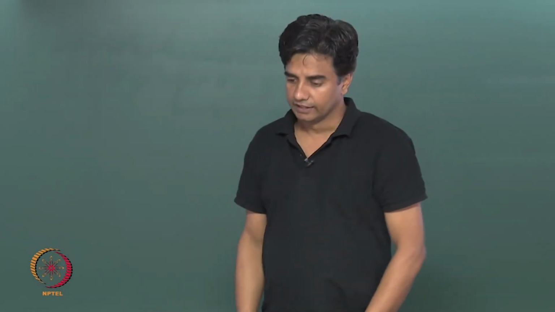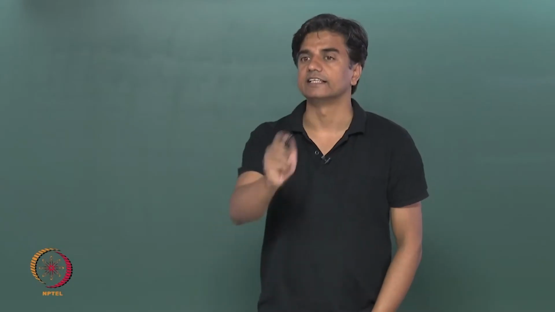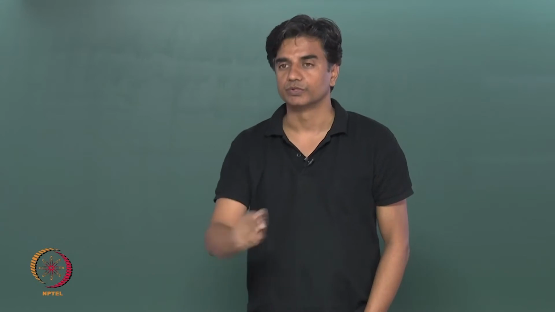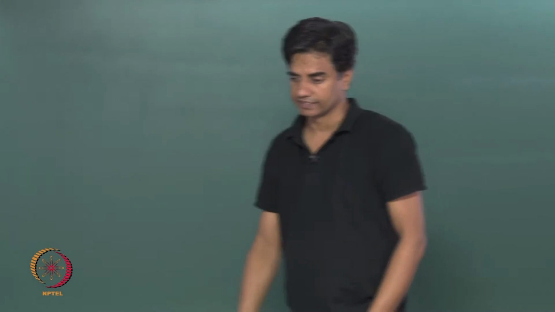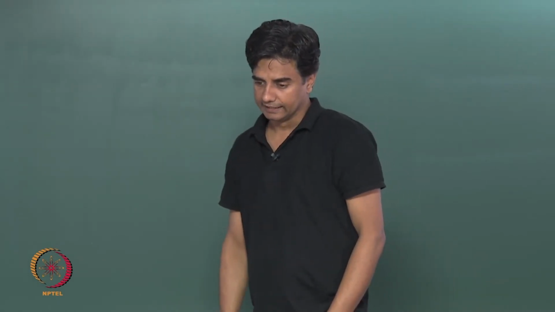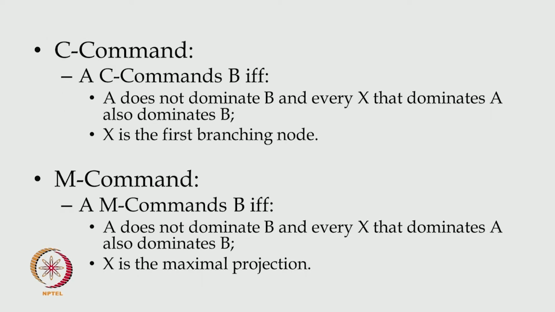All right. We have looked at these things, and we saw until yesterday that I assigns nominative case to the subject NP. All right, clear? We have discussed all of this, and here are the two things, government and C command, which are responsible for assignment of cases, but the existing definition of C command was not enough to take care of nominative case assignment.